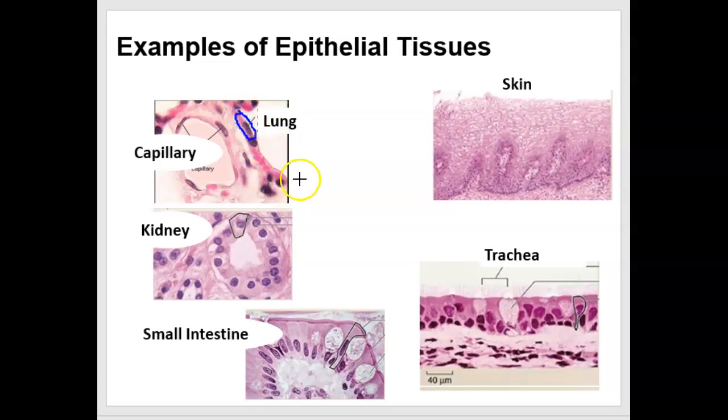I can tell that they've gotten in this section a little bit of capillary right here that's running kind of horizontal, because I see red blood cells that are very tiny in there. But the walls of your lung are lined with epithelial tissue, as are the capillaries in all blood vessels.